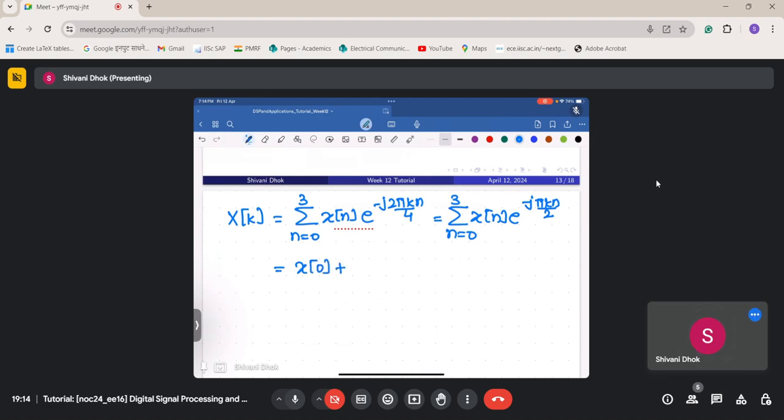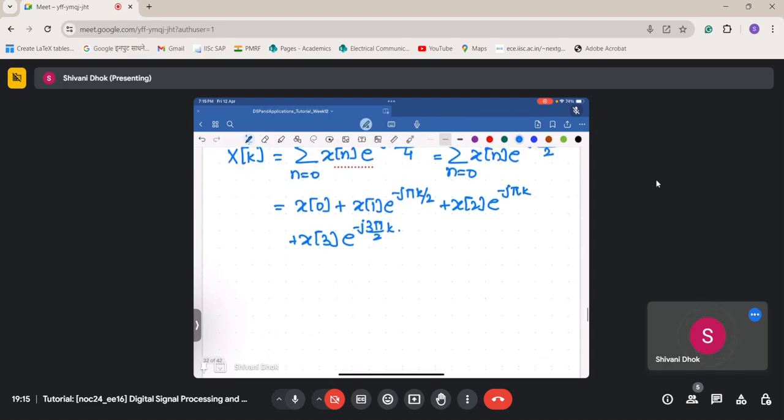plus x of 1 into e power minus j pi k by 2 plus x of 2 into e power minus j pi k plus x of 3 into e power minus j 3 pi by 2 k.